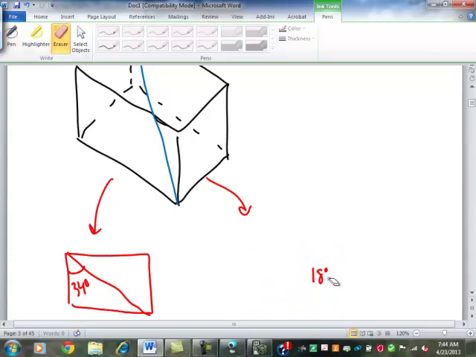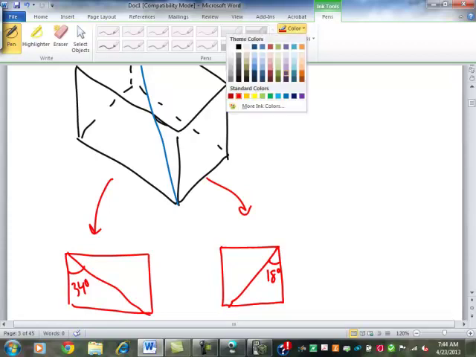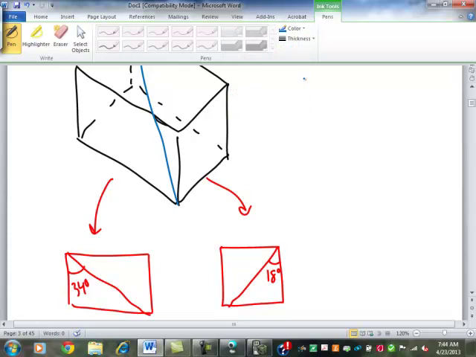Probably drew that way out of scale. Let me try that again. Something like that. This is 18 degrees. Well, we can pick a thickness or we can have a thickness given to us. I'm going to give you the thickness of 1.2 inches here.